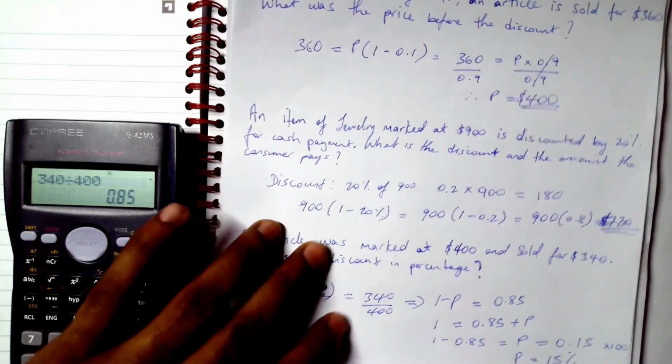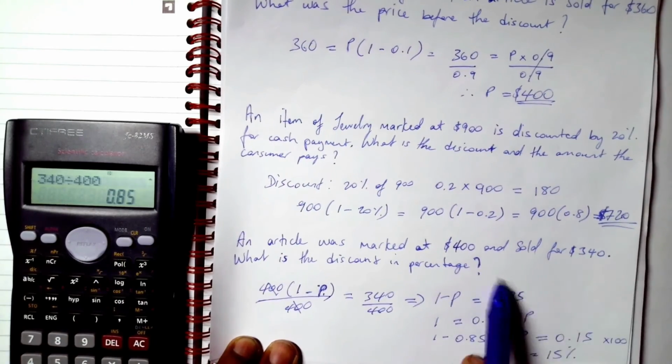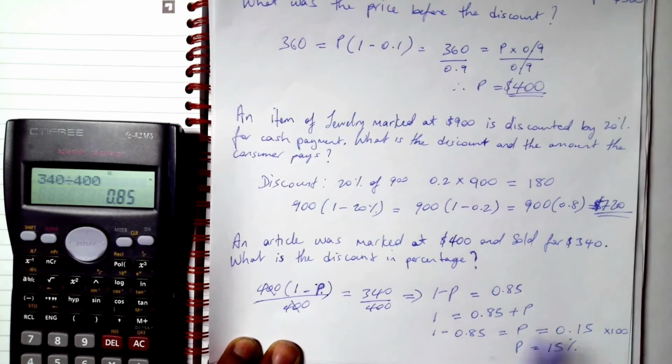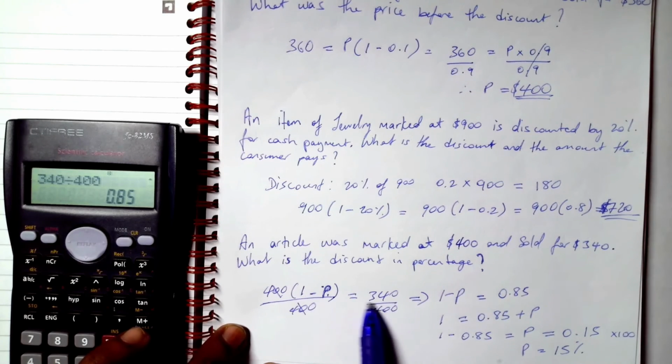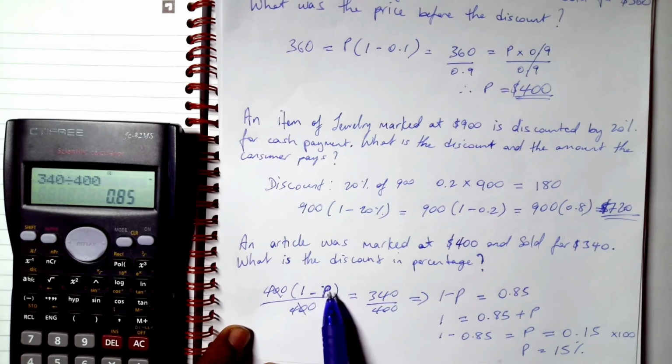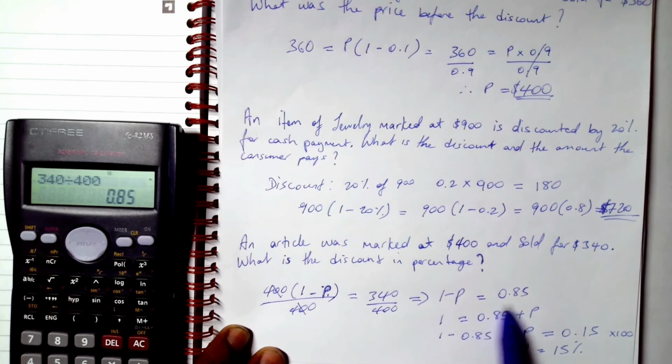So reflecting back to the question, an article was marked at 400 and sold for 340. What is the discount in percentage? We start with our formula, but P is missing. We don't know what the discount is. And then we make P the subject of the formula, by dividing both sides by the 400 first, cancel, this becomes 0.85 that we have here.